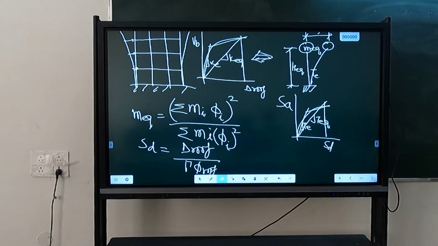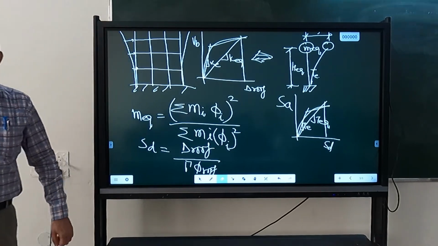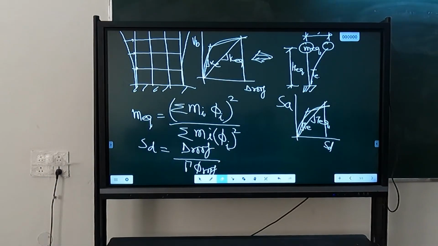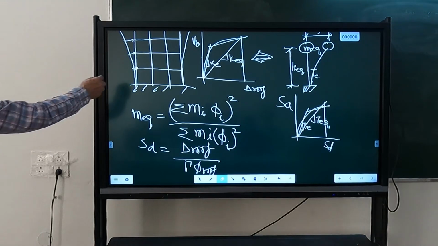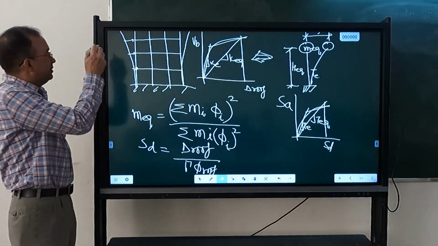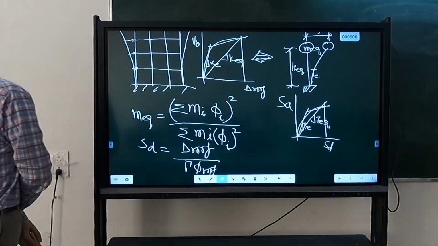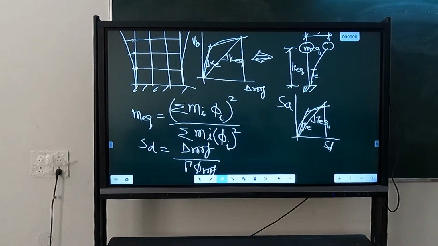Priestley has derived what should be the mode shape in case of an inelastic multi-story building, which takes into account the inelastic deformation. That will not be exactly the first mode, it will be a combination of some modes. But whatever shape you have decided will be the deformed shape during earthquake, using that shape you can convert your multi-degree freedom system to single degree. If nothing else is given, you can take the first fundamental mode, which has maximum participation.